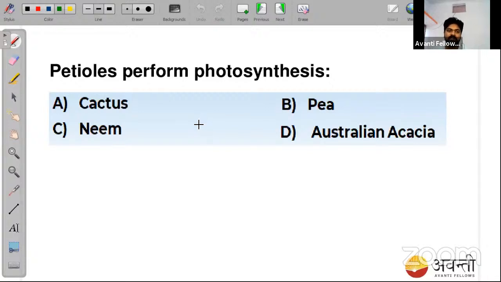Options are cactus, pea plant, neem, and acacia. Okay, that is the Australian acacia plant. I am launching the poll now. Please answer it fast, guys. I think this is a somewhat general question.